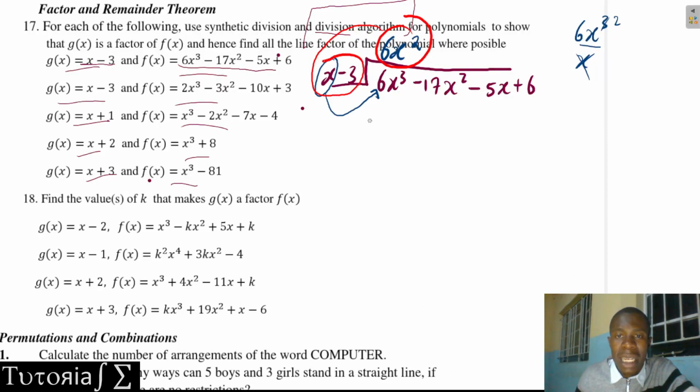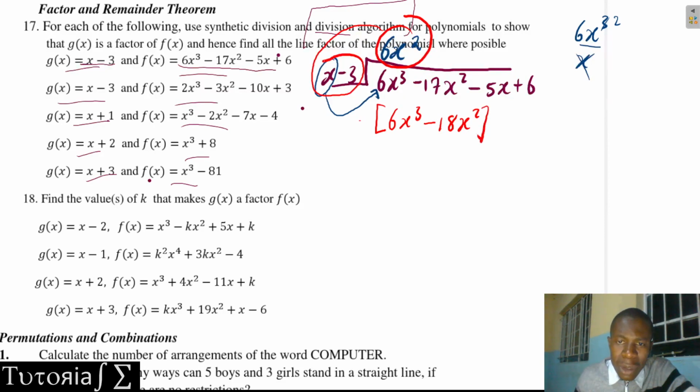That is the algorithm. We put it in brackets: 6x squared times x is 6x to the power 3, and 6x squared times negative 3 is negative 18x to the power 2.